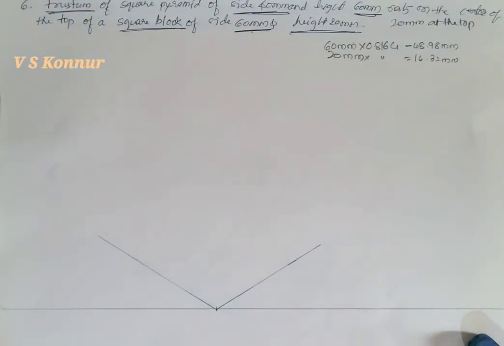Take 49 from the divider, or mark it with a scale if you want.